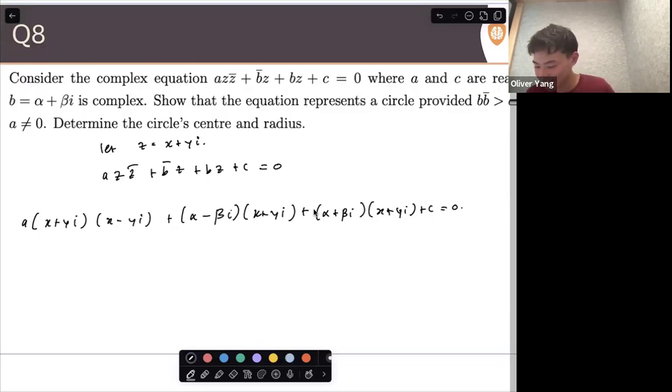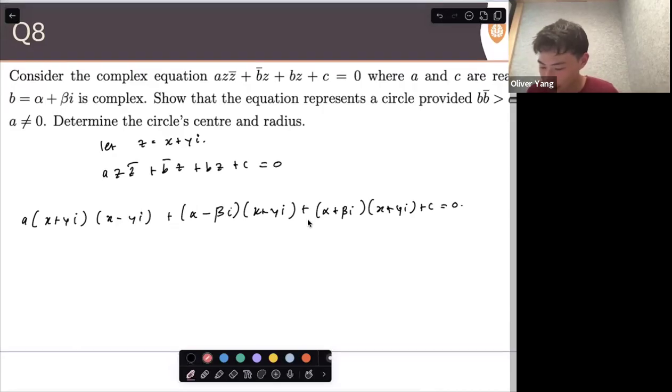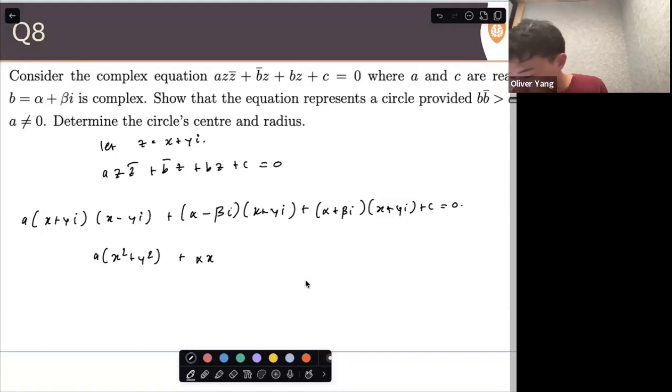So we get this massive equation. Now we just have to simplify it, right? When we get a complex number times its conjugate, it's just a difference of squares, so you get a(x squared plus y squared) plus alpha x minus beta i x plus alpha x plus beta.